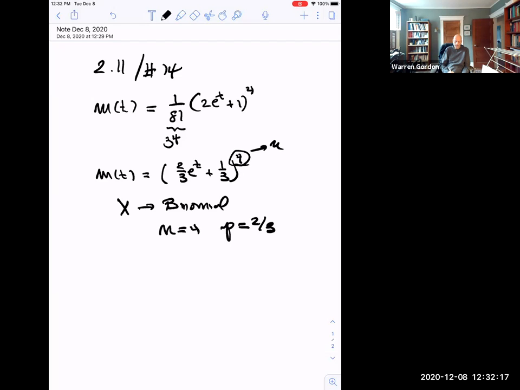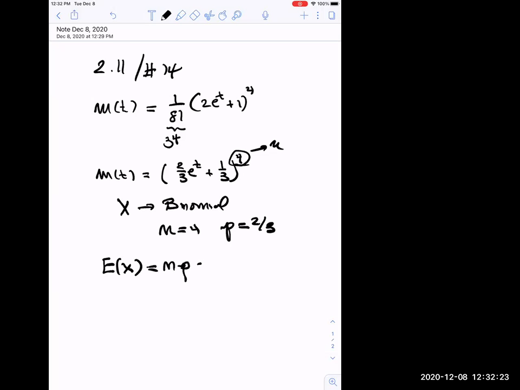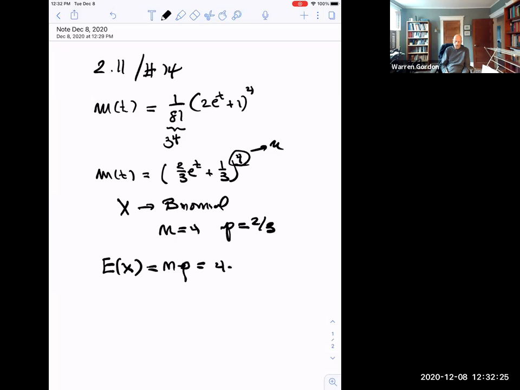So if I wanted the mean, I already know it's binomial. It's n times p, which is 4 times 2/3, which is 8/3. I know the variance is n times p times q, which will be 8/3 times 1/3, or 8/9.